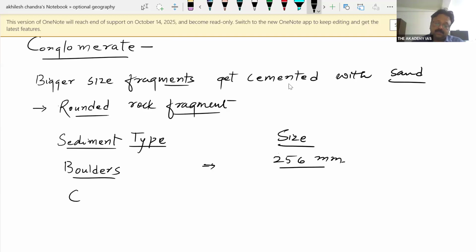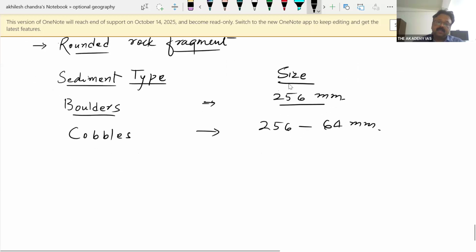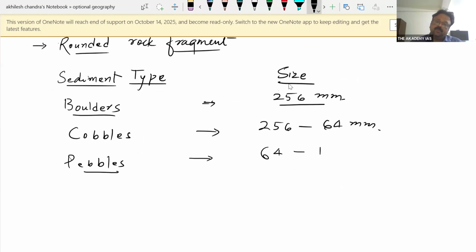Then we have cobbles, ranging between 256 to 64 millimeter. Then pebbles, ranging between 64 to 4 millimeter. And granules, ranging between 4 to 2 millimeter.